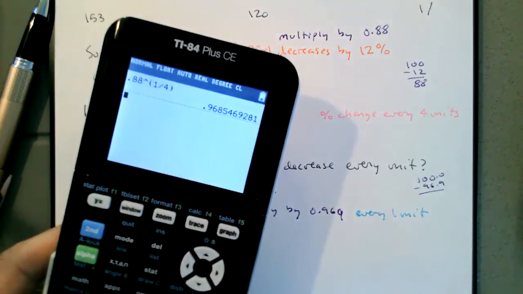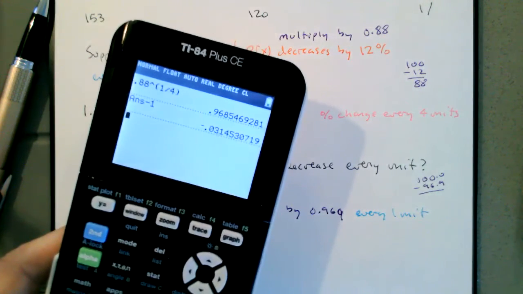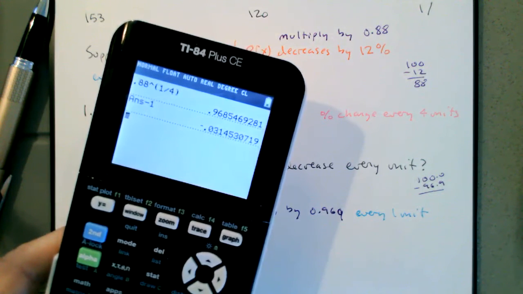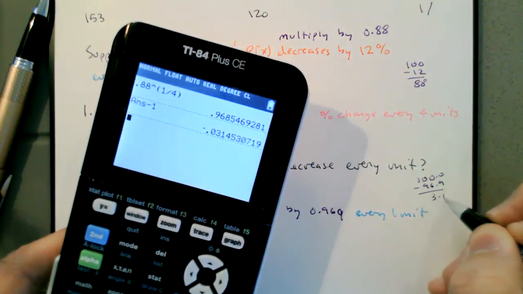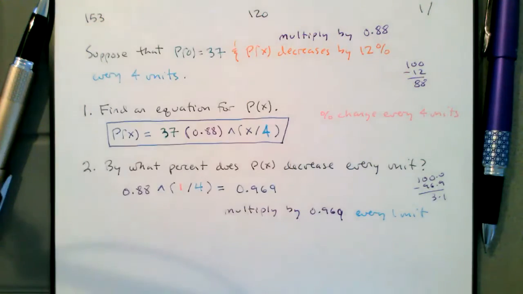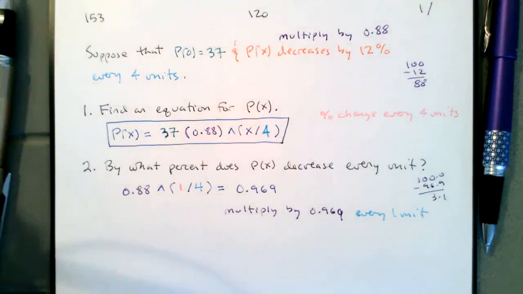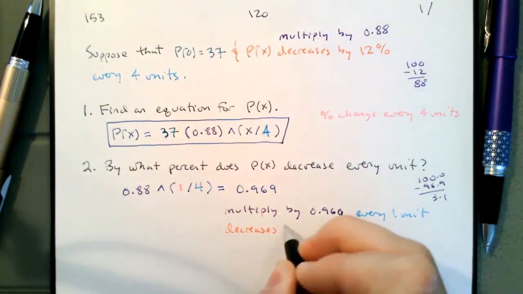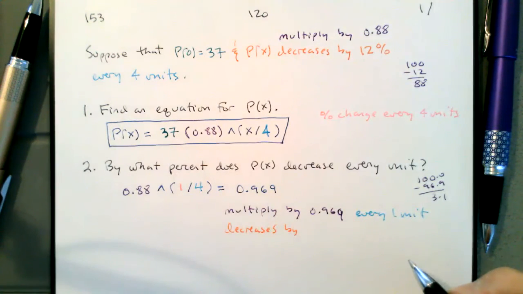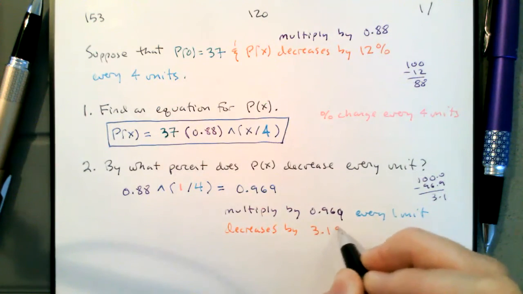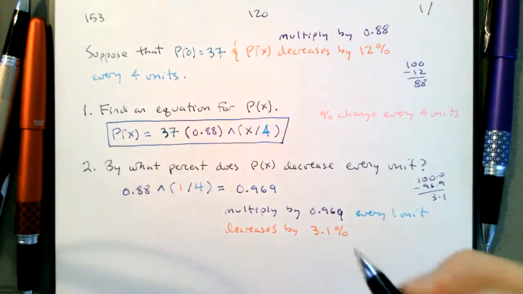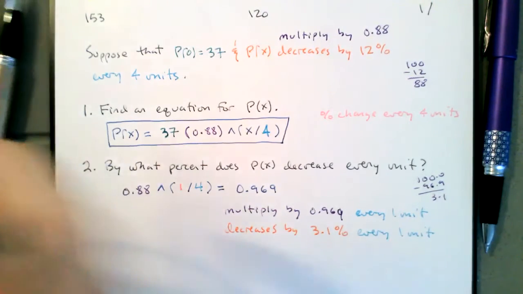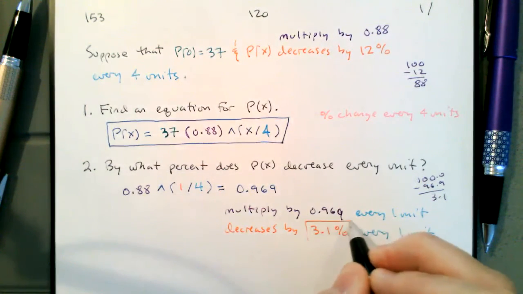So if I take this and subtract it from 100, or I'll just subtract 1 from this, we get minus 0.031. If we turn that into a percent, we get 3.1. So multiplying by 0.969 every 1 unit is the same as decreases by 3.1% every 1 unit. The only part we really need for this is the 3.1%.